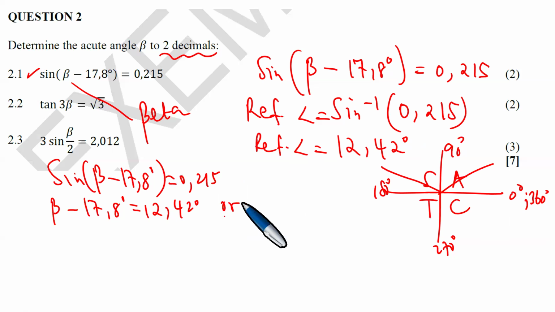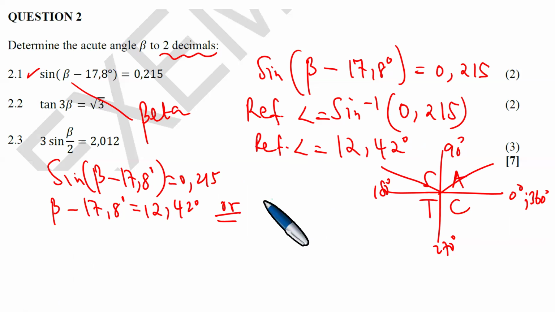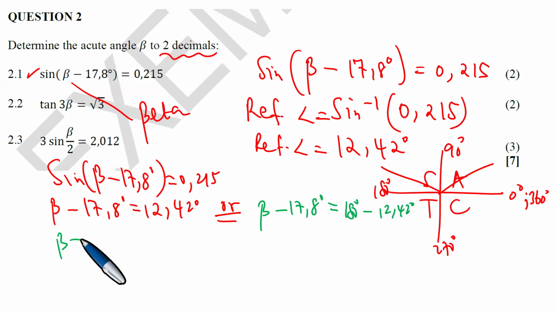So it's not only the first quadrant we're going to be dealing with, we're also going to be dealing with the next quadrant. So we could also have beta minus 17.8 degrees equals an angle in the second quadrant, which is 180 degrees minus 12.42 degrees. Beta equals 12.42 degrees plus 17.8 degrees.